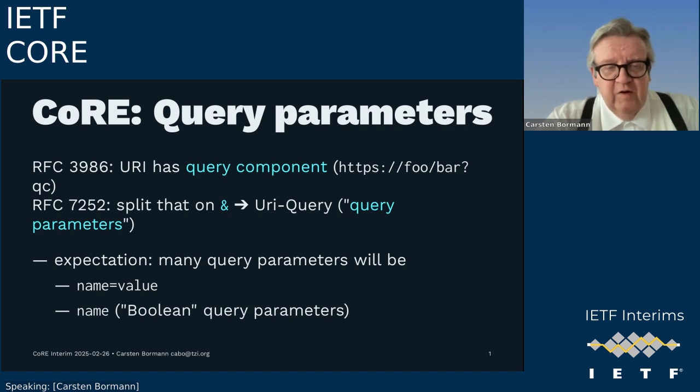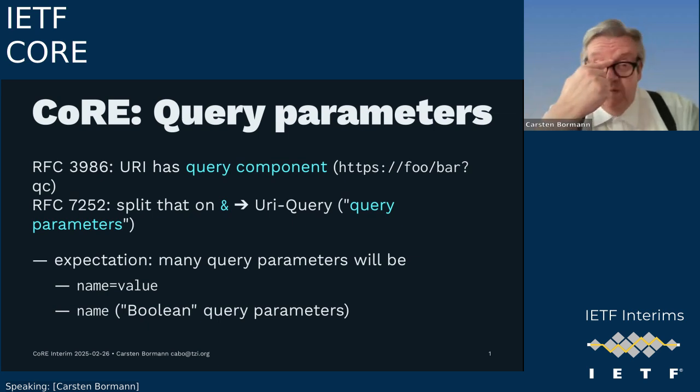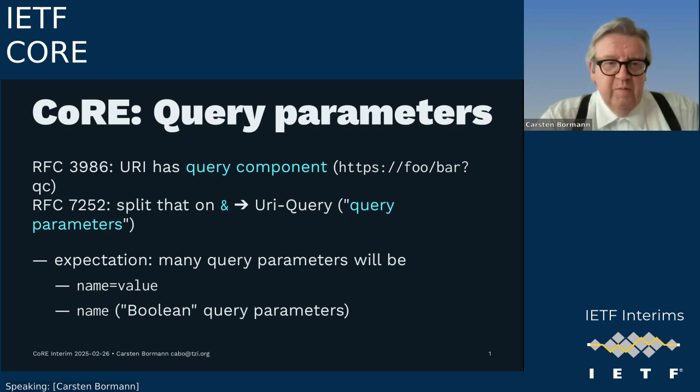There's also an expectation that people generally have that query parameters will be of the form name equals value, or occasionally just a name for something that could be called a Boolean query parameter. But nothing in the specification says they have to be that way. It's just an expectation that is easy to support in a CoAP implementation as well. You just search for the equal sign, and if it's not present, it's a Boolean. Otherwise, you have a value.